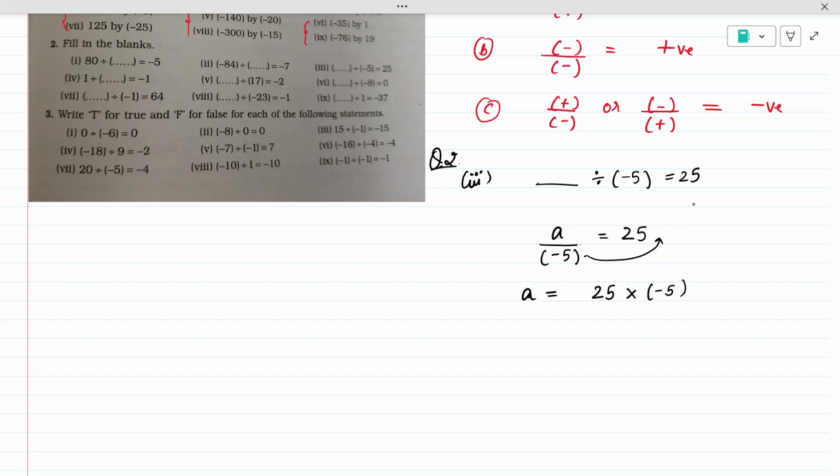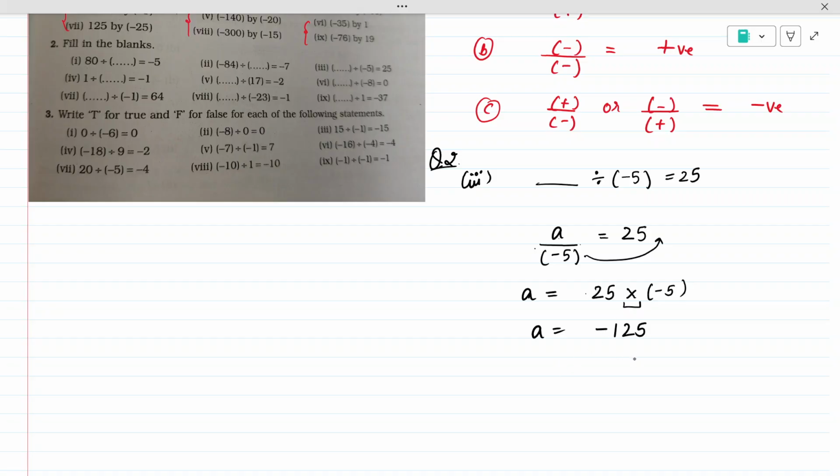Second point is that only the division is changing to multiplication and not this minus sign. This minus sign will go as is. Okay, we are changing only one operator, the main operator, right? Now, what we are getting here, we just have to multiply these two. 25 into 5 is 125, and this is plus, this is minus, plus into minus is minus.